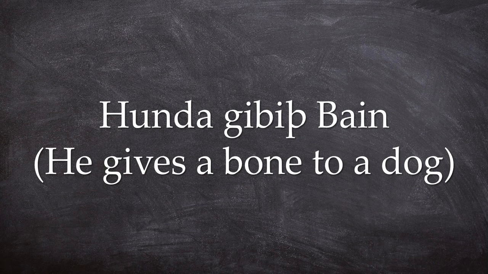Now let's take the word giba, and we're gonna change the conjugation to the third person singular. So hunda gibith ben. He gives a bone to a dog.